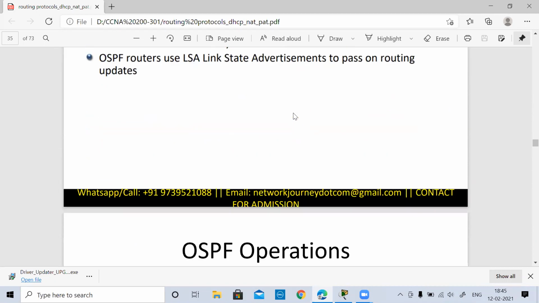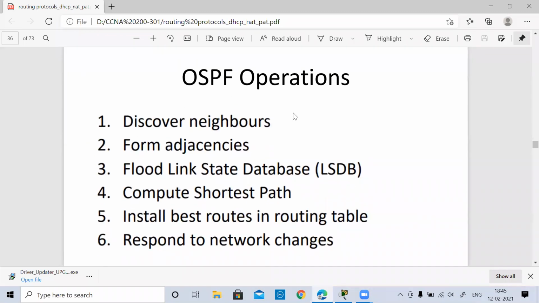Now, these are the 6 steps you need to understand broadly about how OSPF operates. First, they discover the neighbors. After they discover the neighbors, they form the adjacencies. And then they flood their link state database. By sending hello packets, they discover their neighbors.